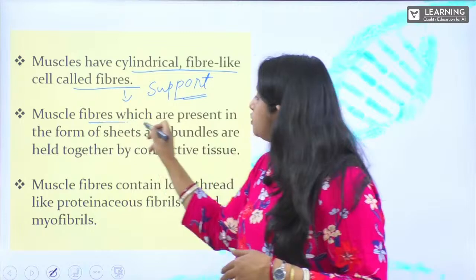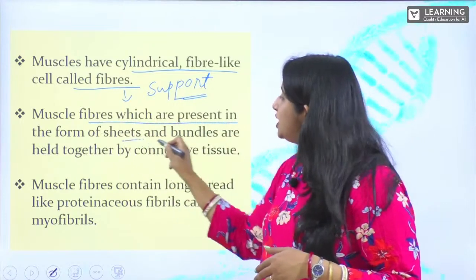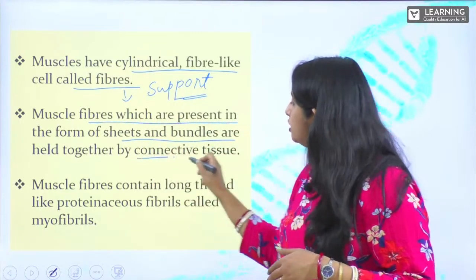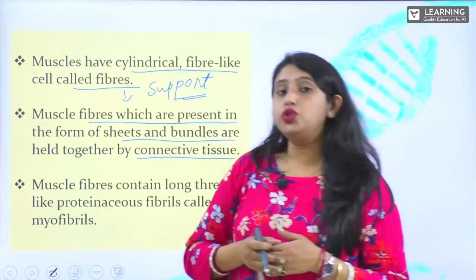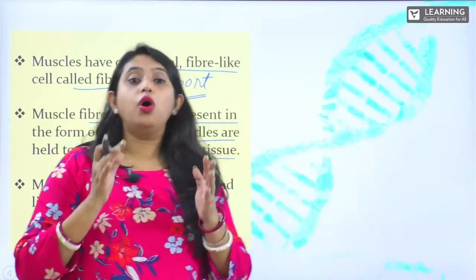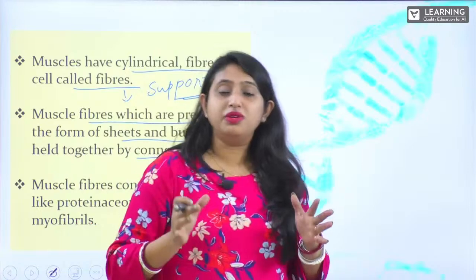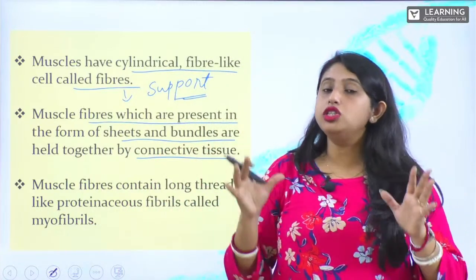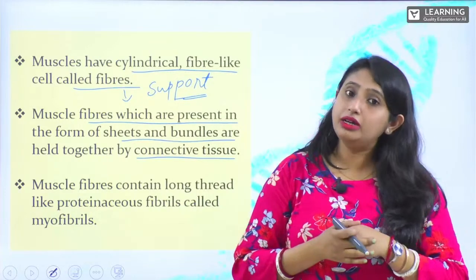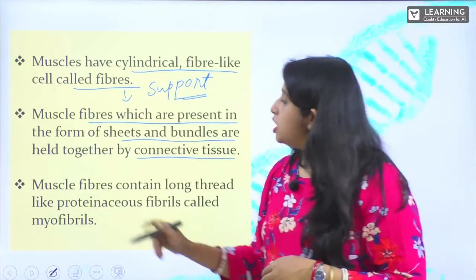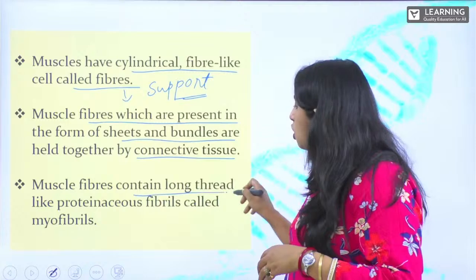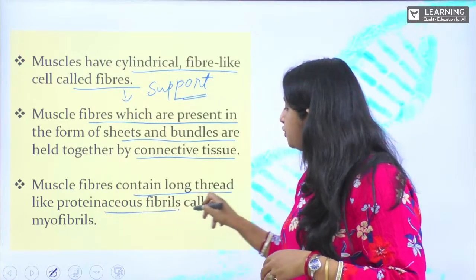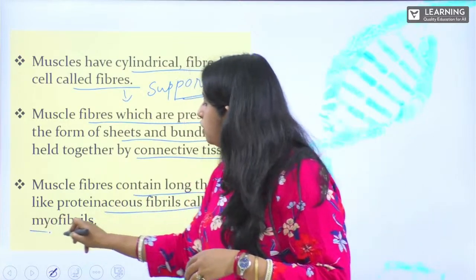And the muscle fibers, which are present in the form of sheets and bundles, are held together by the connective tissue. As I have already said, all the muscles in our body are held together by connective tissues. So the muscle fibers contain long thread-like proteinaceous fibrils called myofibrils.